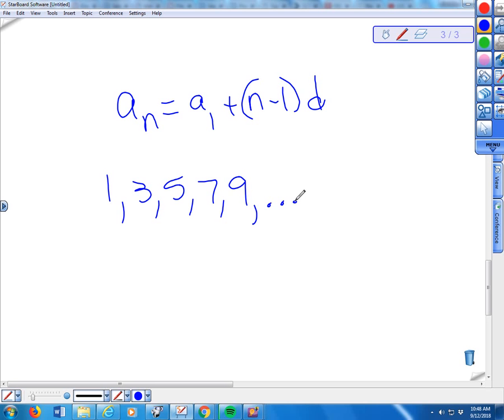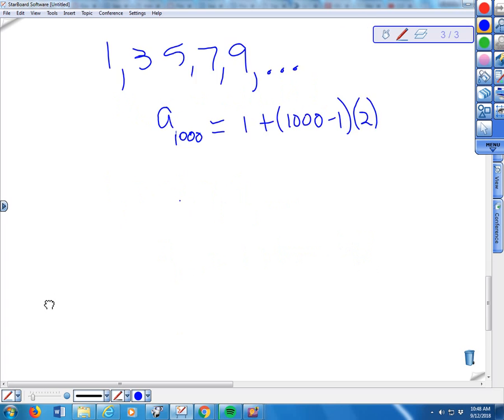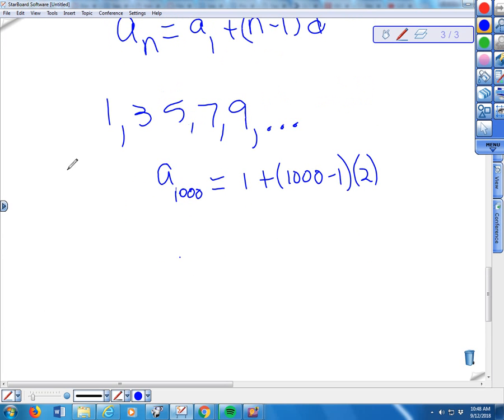The 1,000th term, I'll make it a sub 1,000. The 1,000th term is the first term plus 1,000 minus 1 times the difference. So that's 1 plus, what, 999 times 2?